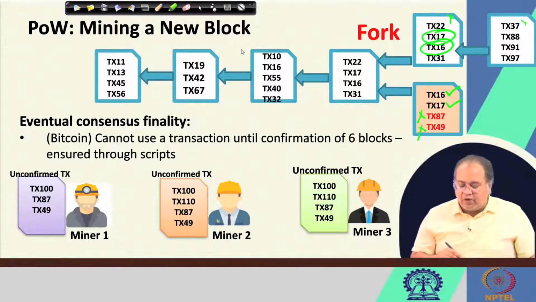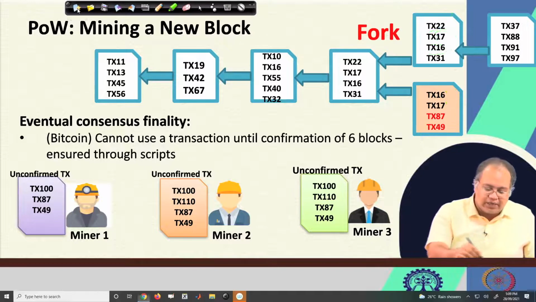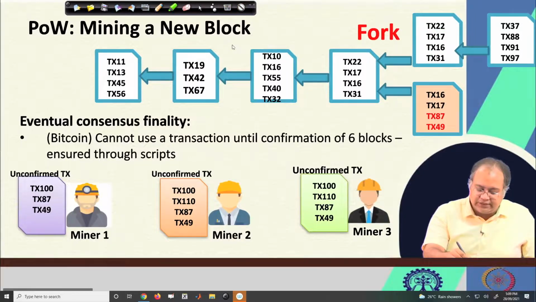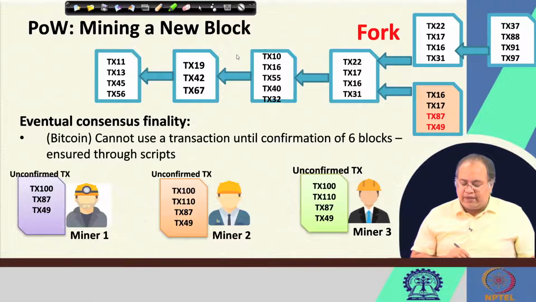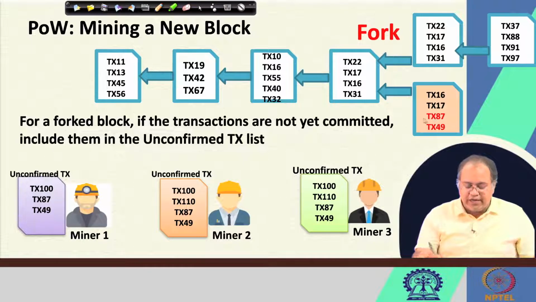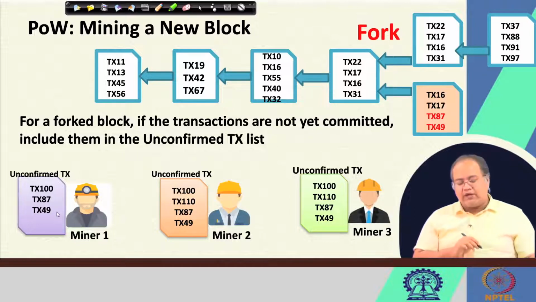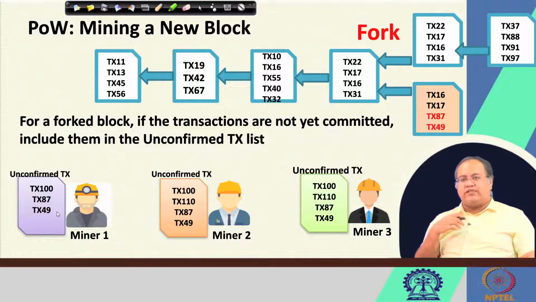So, that way it identifies the transactions which are not there in a particular block. Whenever a transaction is not there in a particular block, the miners reinitiate it or put these transactions within the unconfirmed transaction list. Here transaction 87 and transaction 49 will be put in the unconfirmed transaction list of the miners, and they will try to propose a new block with these transactions included.